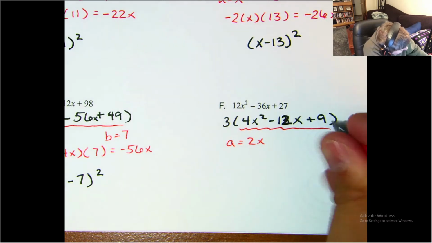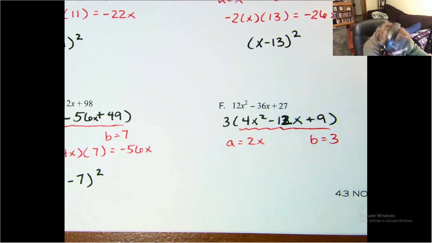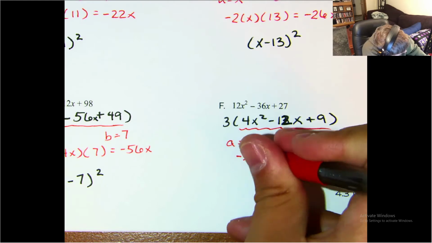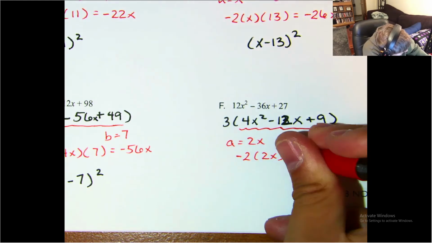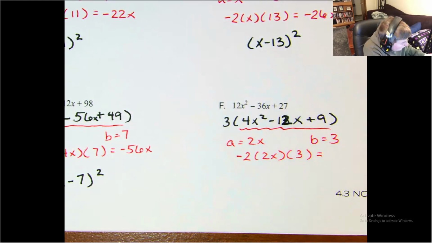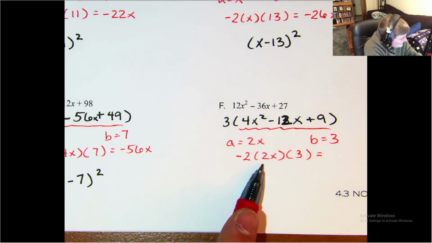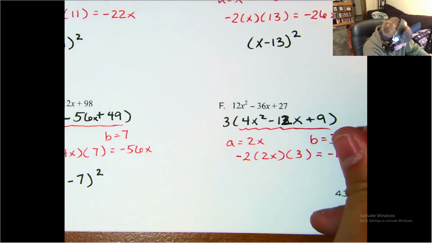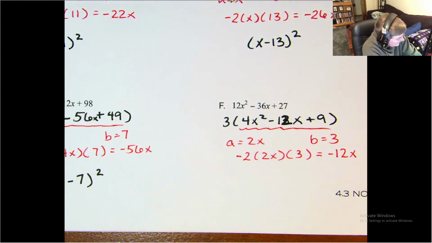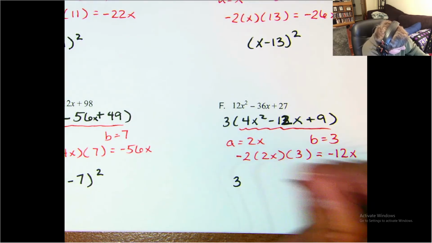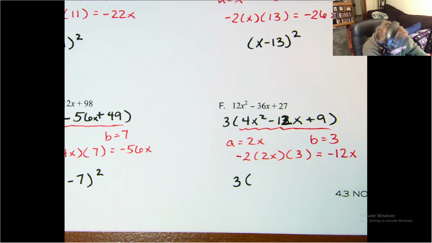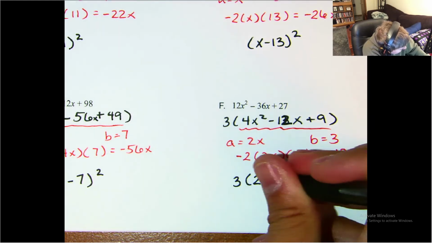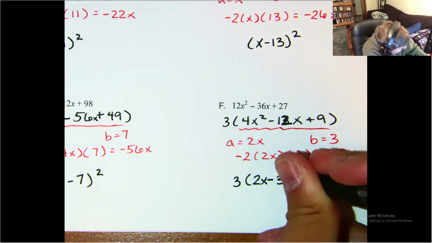The root of my last term is 3, so I want to check, does negative 2 times the root of my first times the root of my last term equal negative 12x? Negative 2 times 2x is negative 4x. Negative 4x times 3 is negative 12x. Meaning this is a perfect square trinomial, so this one's going to factor into 3 times 2x minus 3 squared.